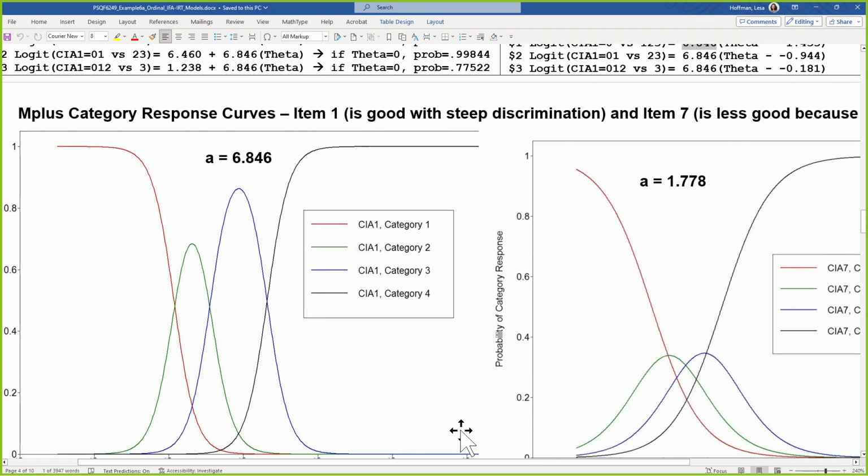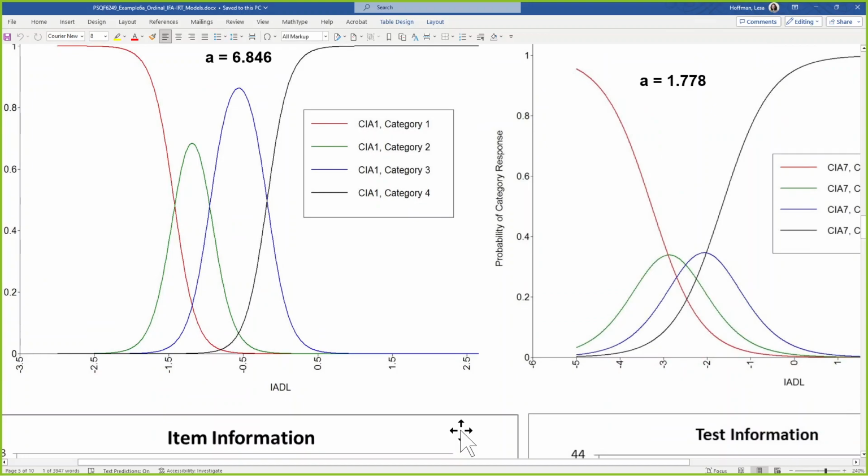So these two curves illustrate differences in discrimination or difficulty, or both. What do you think? Do these curves illustrate differences in discrimination or difficulty or both? Yeah, I say both.